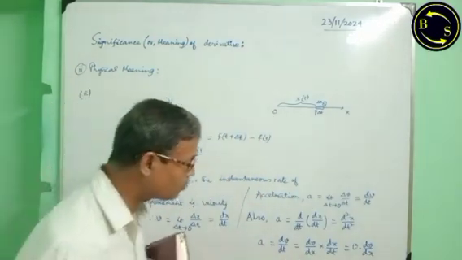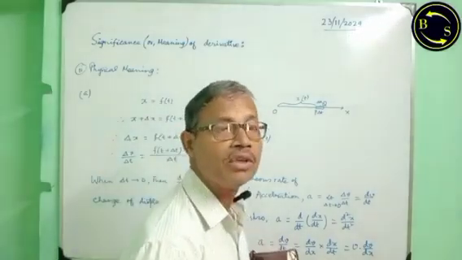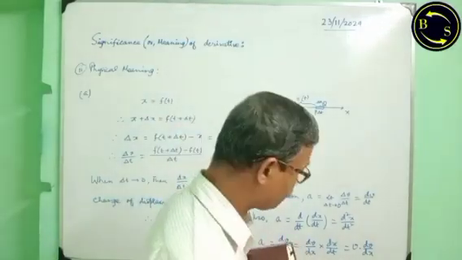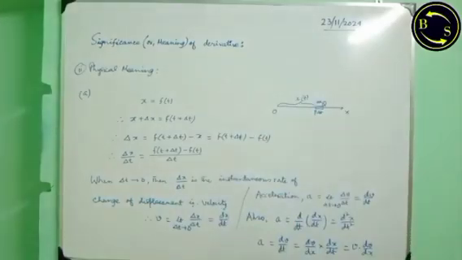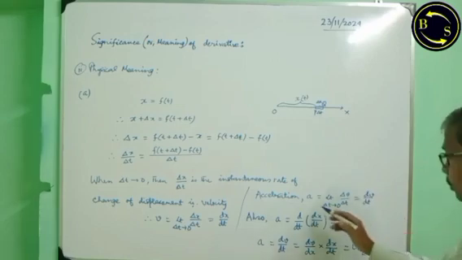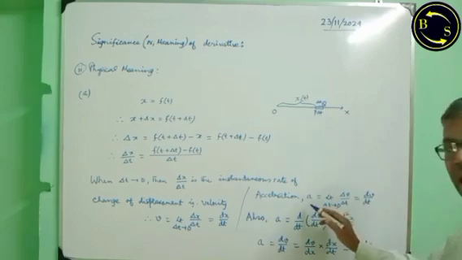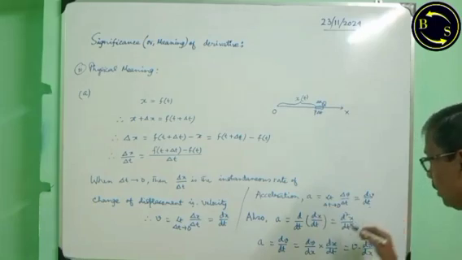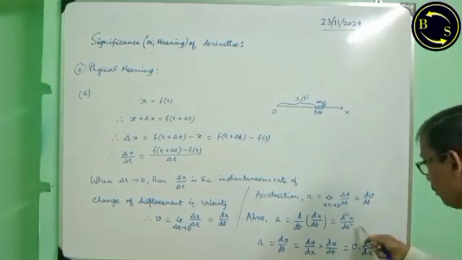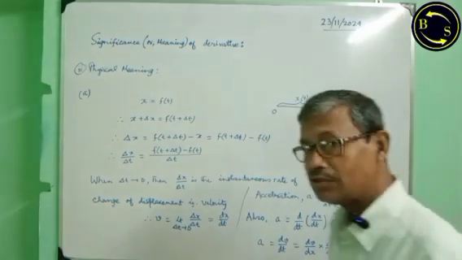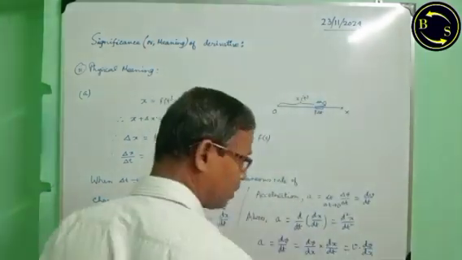Thus we have got three expressions for acceleration. Here, keep in mind that the time gap delta t is very small. Therefore, three expressions for acceleration are dv/dt, d2x/dt2 and v dv/dx. We use any of these three forms as we require.